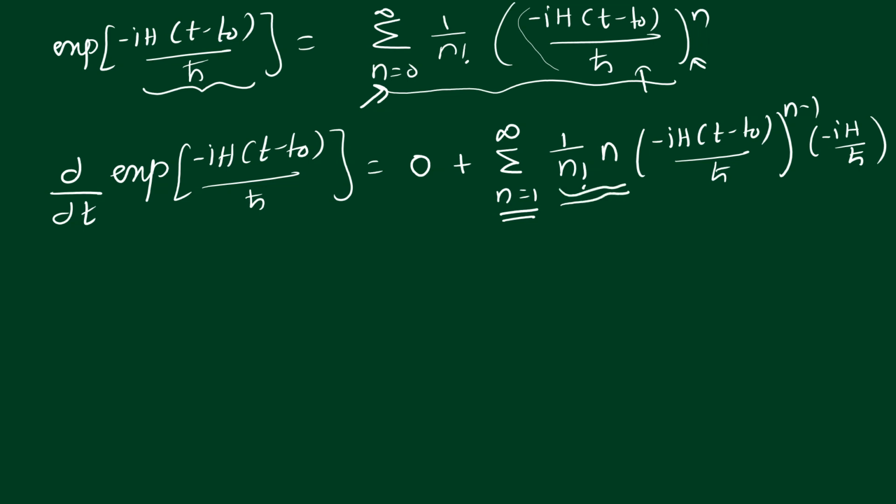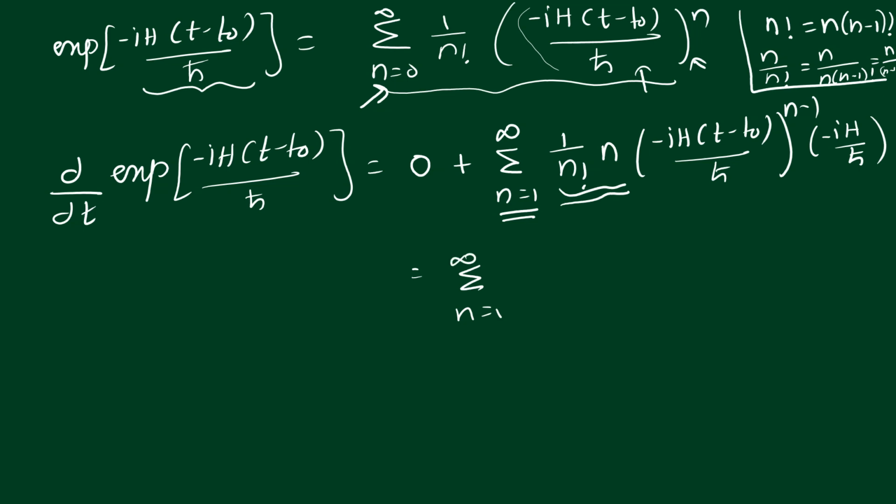Now we can slightly improve the notation here, because n divided by n factorial can be simplified. We know that n factorial can be written as n multiplied by n minus 1 factorial. This means that n divided by n factorial can be written as n divided by n times n minus 1 factorial, which is equal to 1 divided by n minus 1 factorial. So this becomes the sum over n equal to 1 to infinity of 1 divided by n minus 1 factorial.